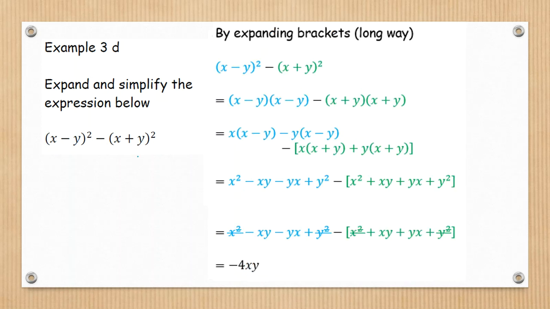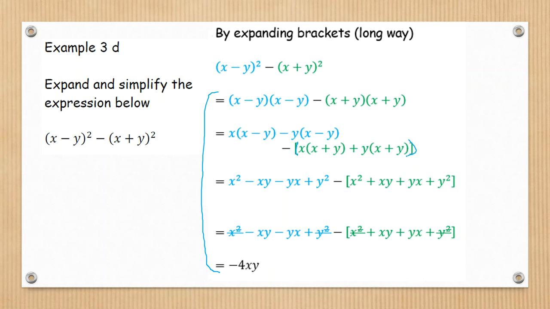The last way, by expanding brackets, might be tempting for people to do, so expand the brackets and then simplify, but you can see it actually takes lots of steps. So I've expanded this part here in blue, so you can follow that, and then take away expanding of the green part, and you'll notice that I've got minus the green parts here, and then I've put the brackets around it. I could have used these brackets.